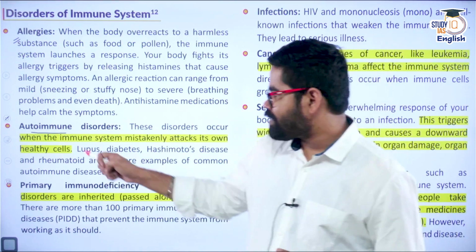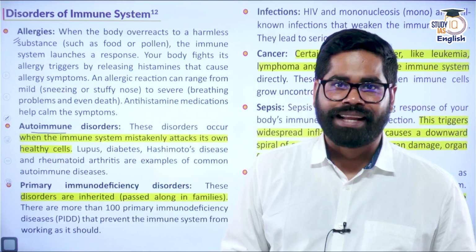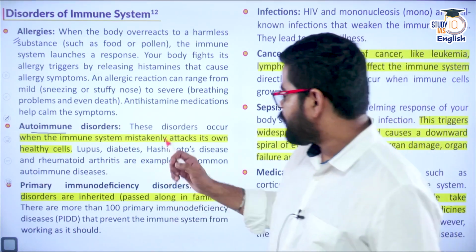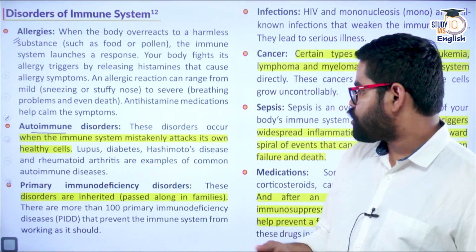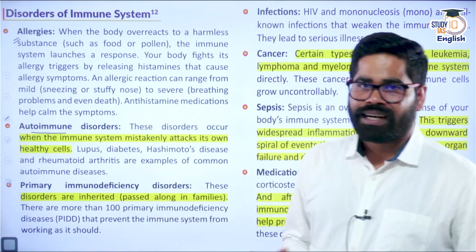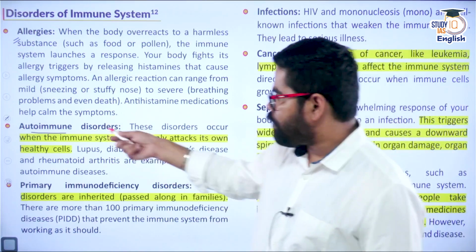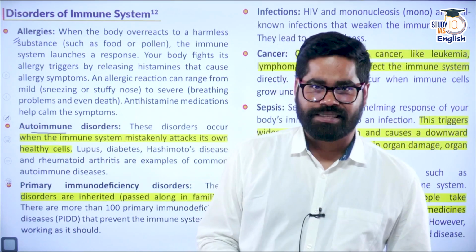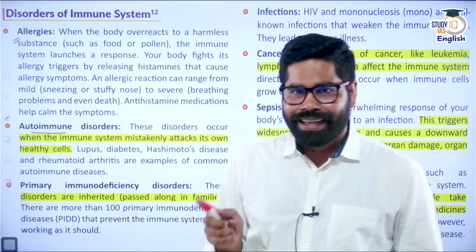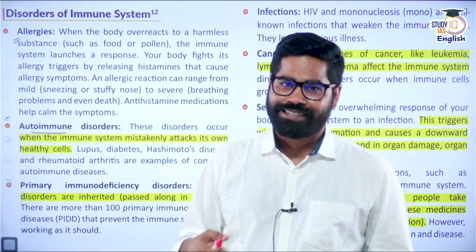In that case, the problem caused is called an autoimmune disorder. Examples are lupus, diabetes, Hashimoto's disease, and rheumatoid arthritis, where the body's immune system starts considering the healthy cells of the body as a threat.